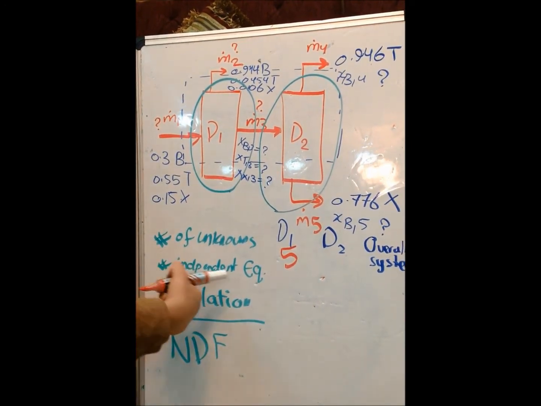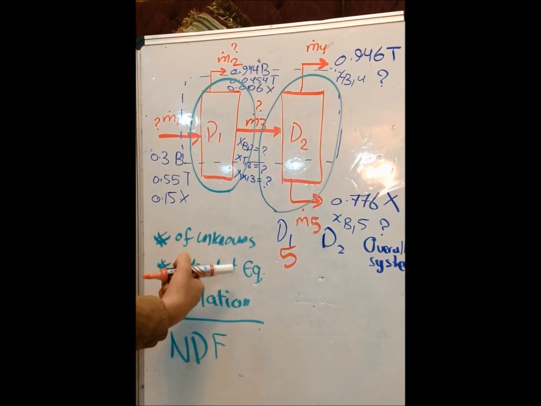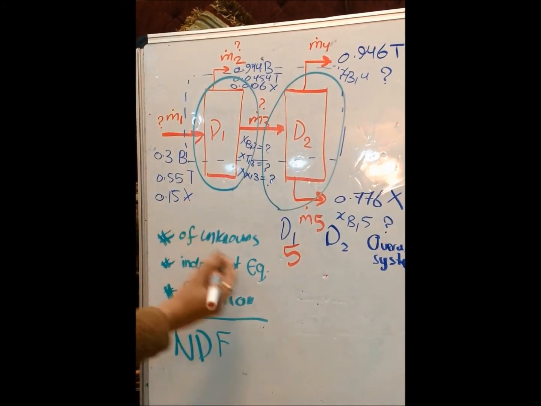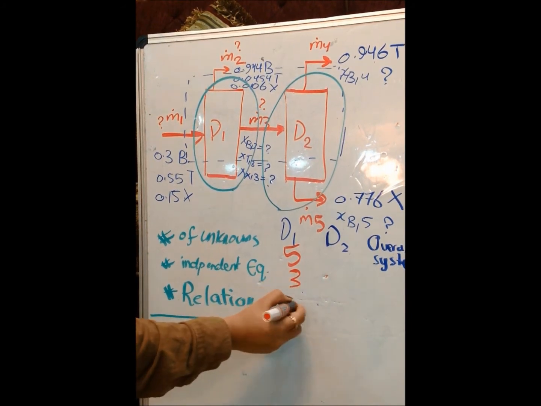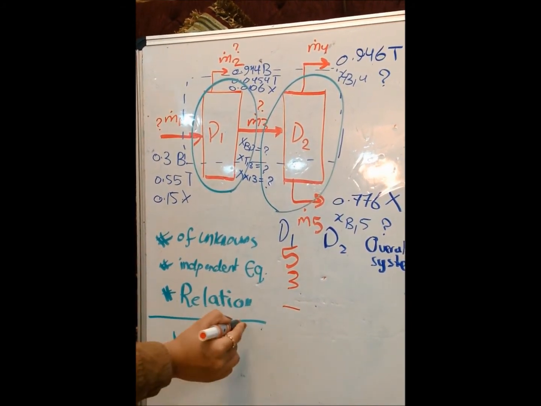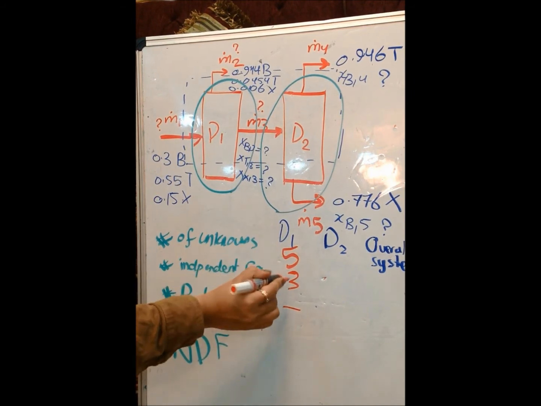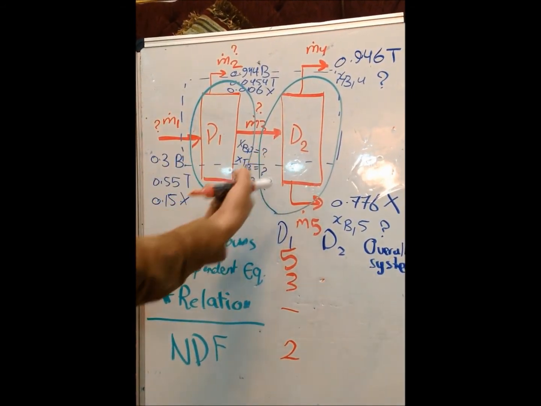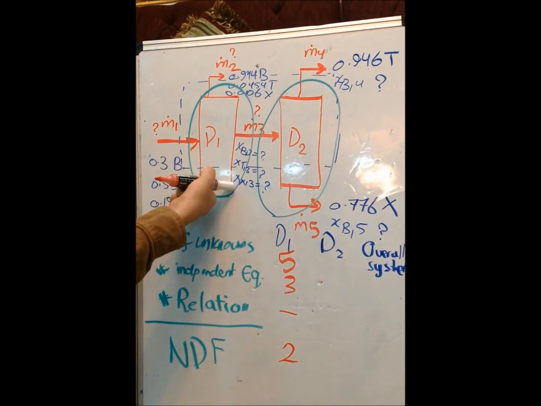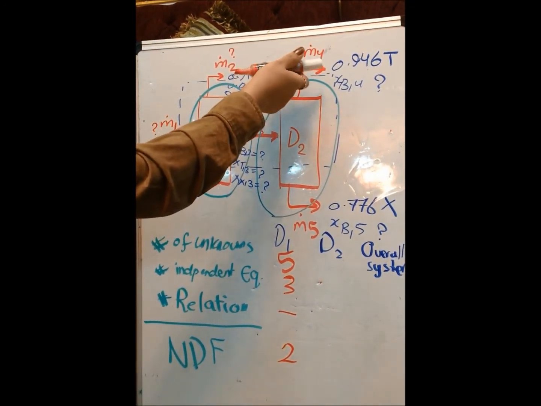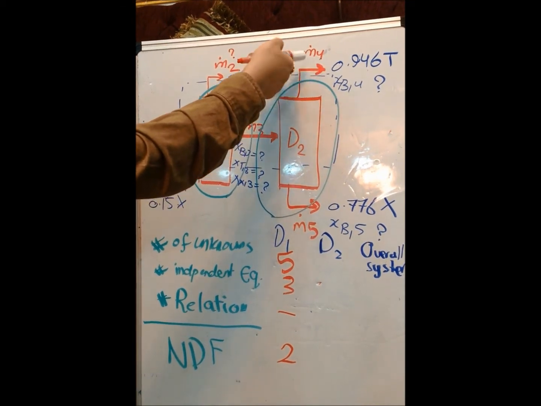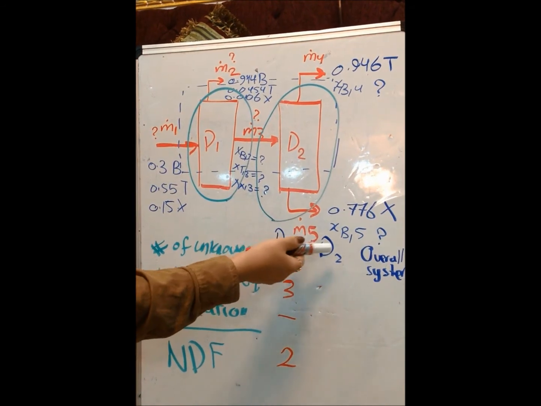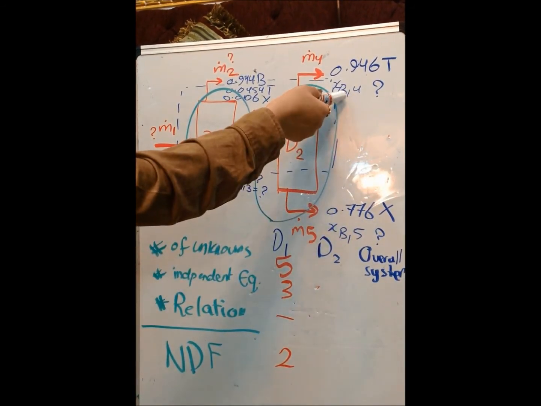And the number of independent equations is related to how many components we have. We have 3 components, so we have 3 independent equations, and we don't have any relations here. So the degree of freedom is 5 minus 3, which equals 2. And for the second distillation column, we have 3 unknowns here, and in addition to that, unknowns 3, 4, and 5, and we have here 6, and here 7.